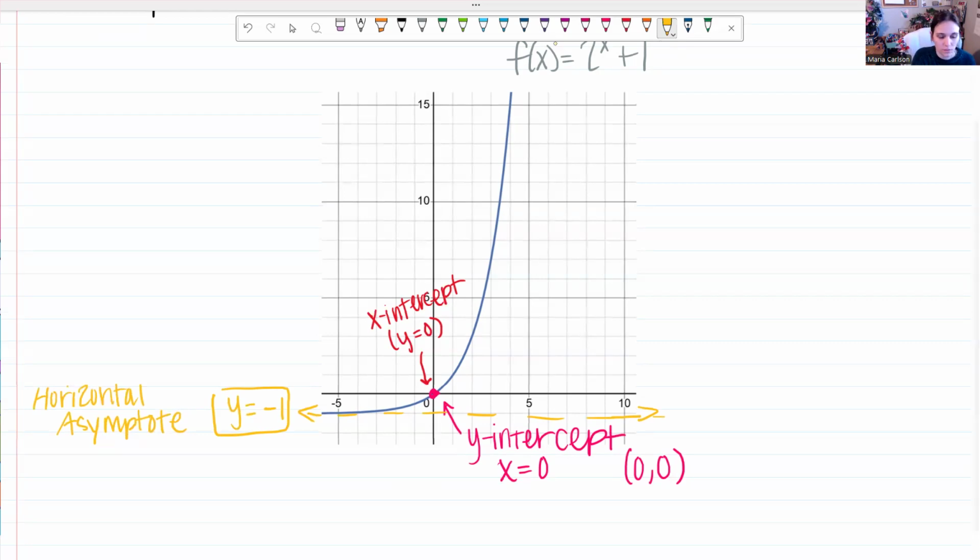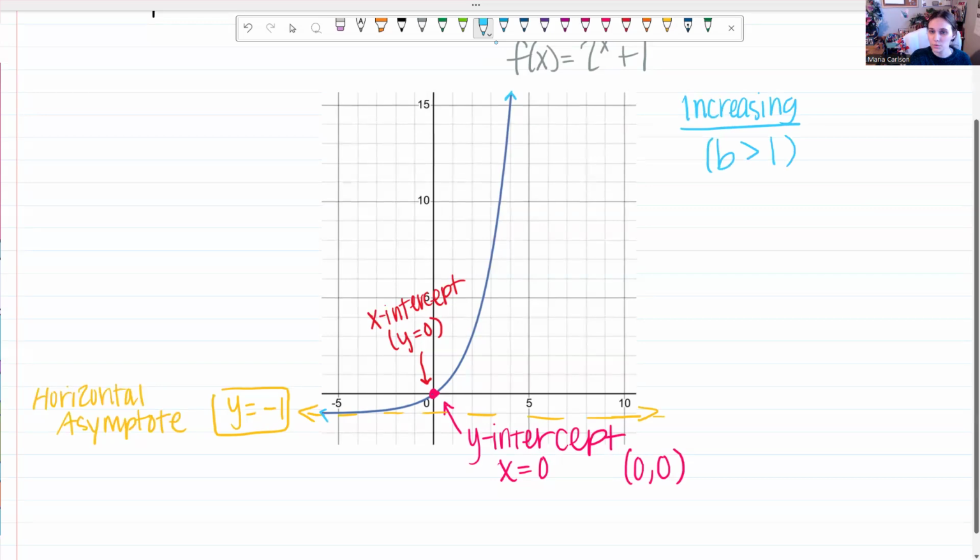Exponential functions will have a horizontal asymptote, and that has a lot of influence on other features of our graph. Now, we know that this graph is increasing because as I read it from left to right, it is going up. So I would say this is an increasing function, and that has to do with the fact that b is greater than 1. We have 2 raised to the x power.